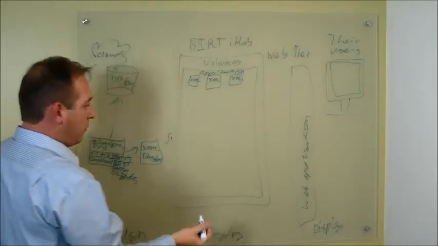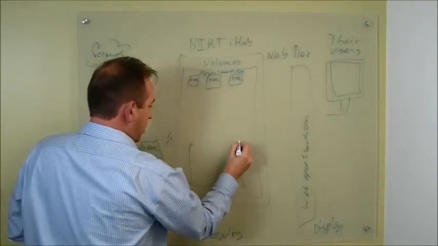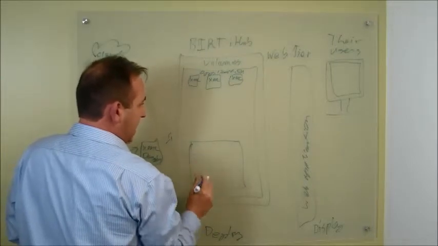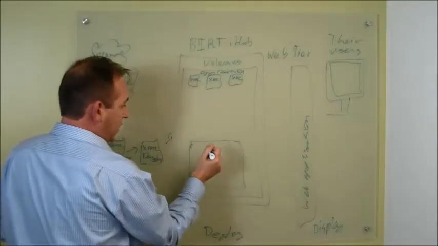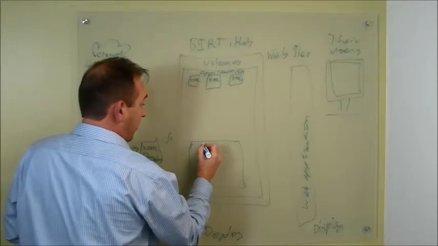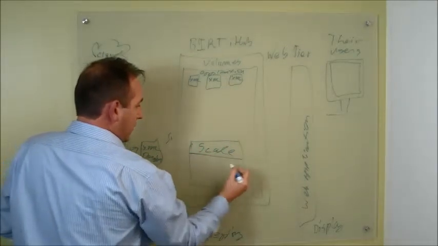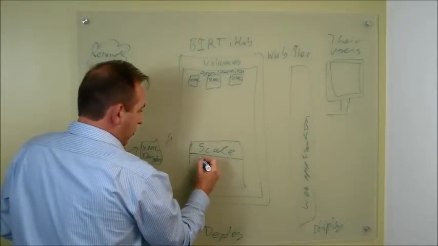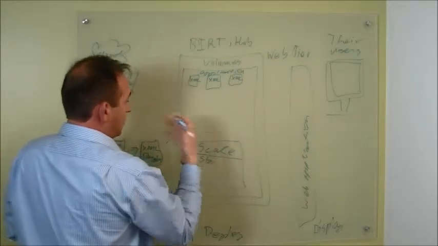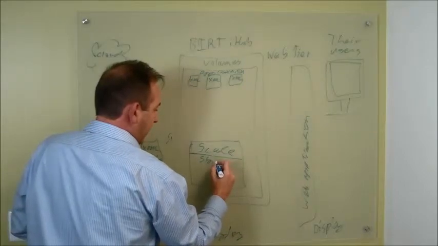Now within the iHub, it's going to be doing a number of things for them, taking the load off of their web application, putting it on the iHub. The first is scale. Next is going to be storage for those BIRT data objects, fast loading of data.